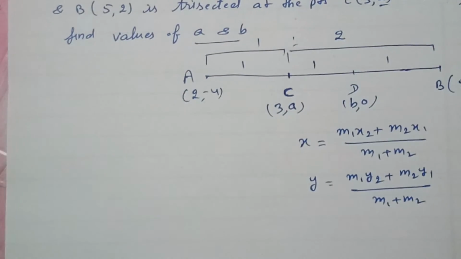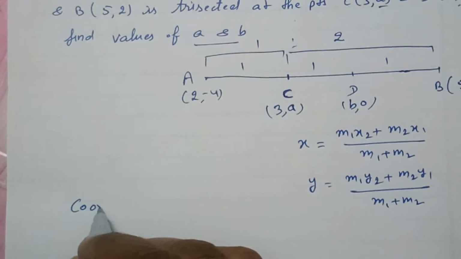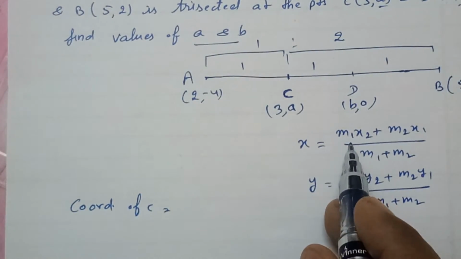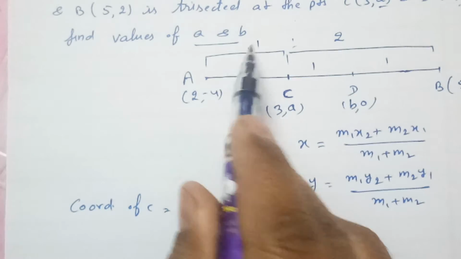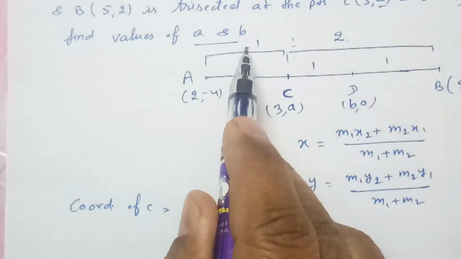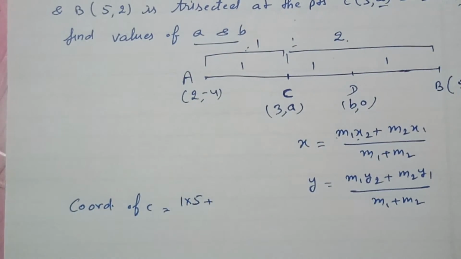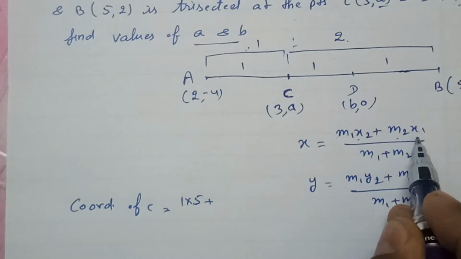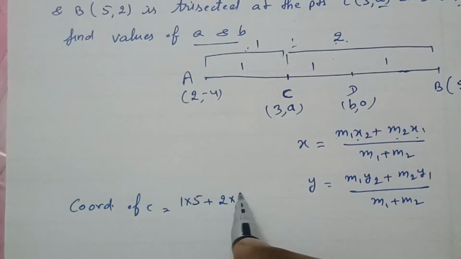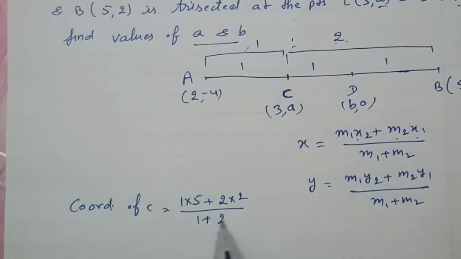So I will directly write these coordinates. The coordinates of C are, I will write the formula here, m1 is 1 and m2 is 2. So m1 x2 is 1 into 5, plus m2 x1, m2 is 2 and x1 is 2, so 2 into 2, over m1 plus m2, 1 plus 2.